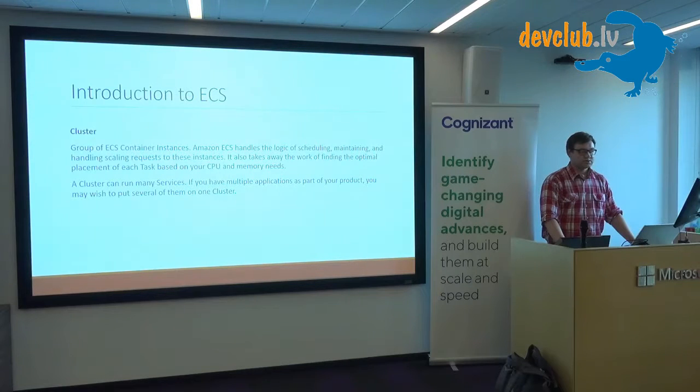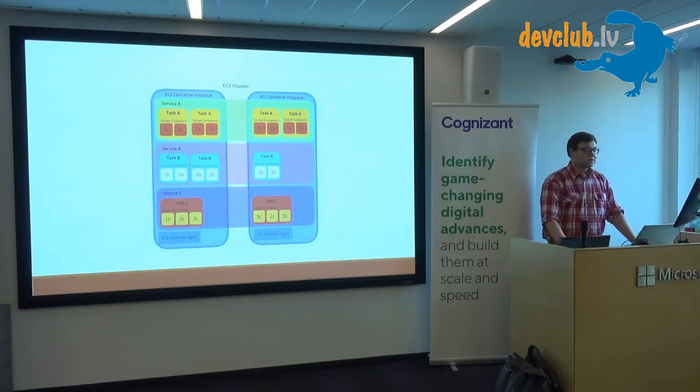A cluster is just a configuration, one big environment, where you are managing scaling and those EC2 instances, like their sizes and how they need to scale. This is everything together.